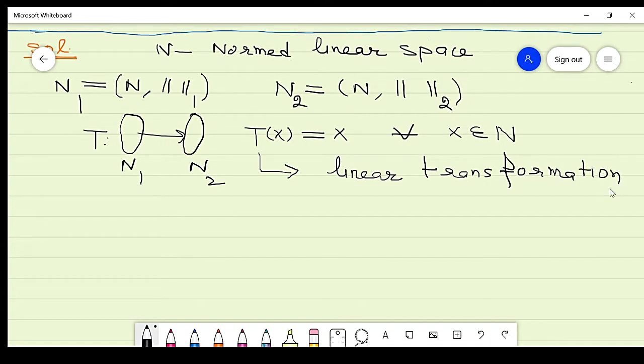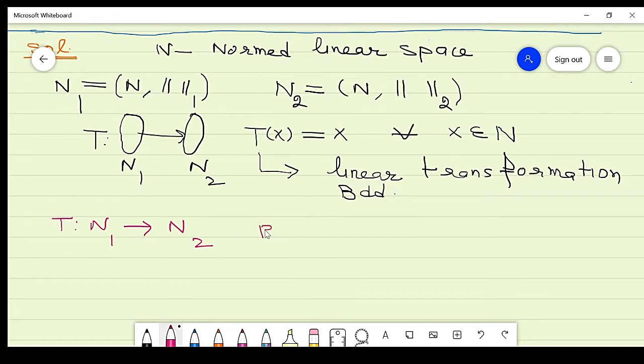Number 2, it is bounded. So we can say that it is a bounded linear transformation, or a bounded operator. So I define this T from N1 to N2, defined by T of x equal to x.